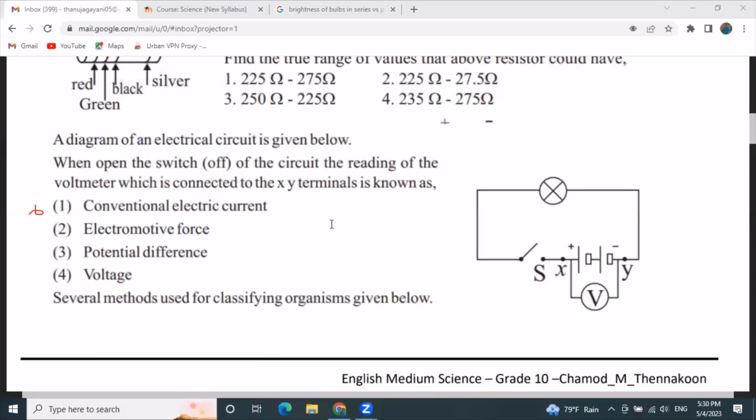I will write the points I said. When electricity is not drawn from the cell, EMF, electromotive force, is equal to potential difference.